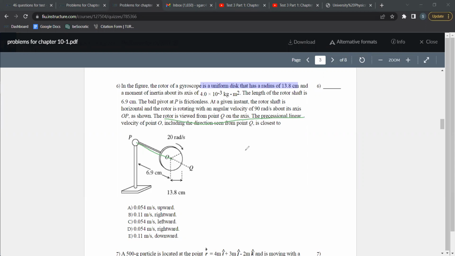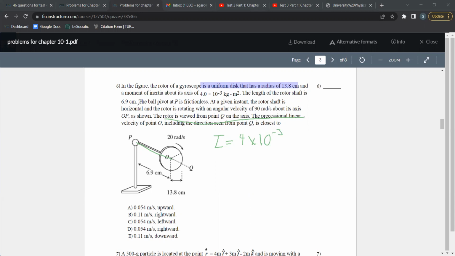All right, okay, so we can set this up like this. So we have our I, which is equal to inertia, which is 4 times 10 to the negative 3. And then what else are we given here?